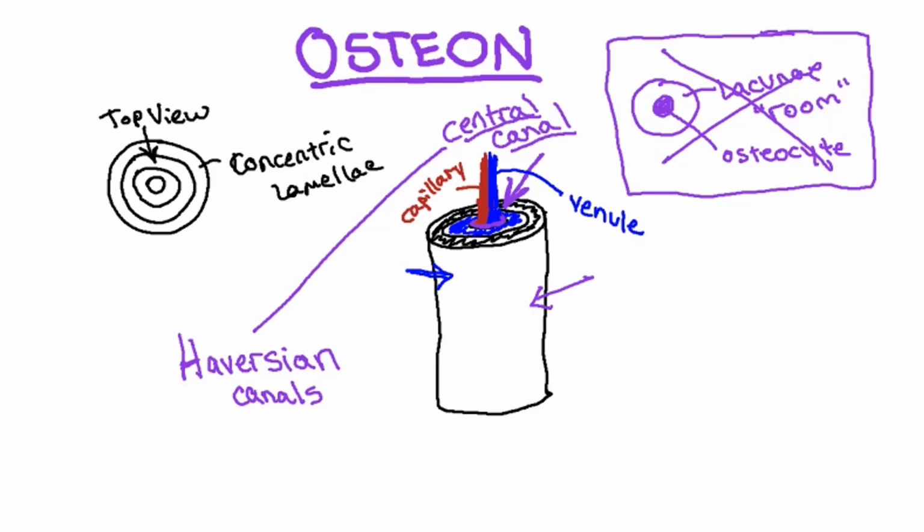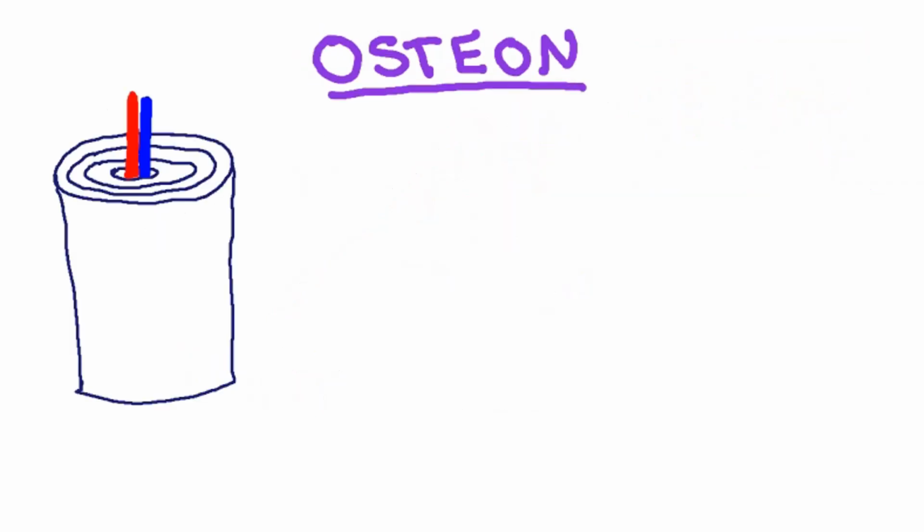So artery, vein, capillary, venule, whichever you want to call them, so you can remember. So here's our osteon, and it's like a roll of paper towels or something. There's layers upon layers of lamella, concentric lamella. Oops, I actually said lacuna and I meant lamella.